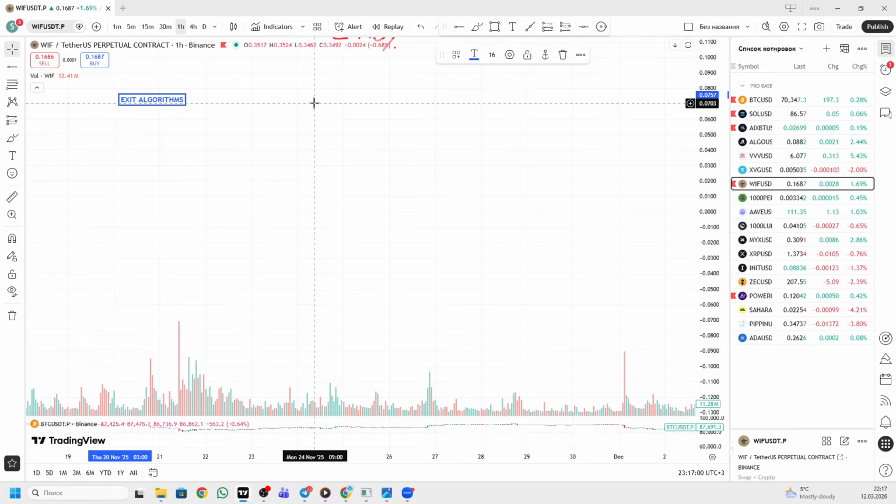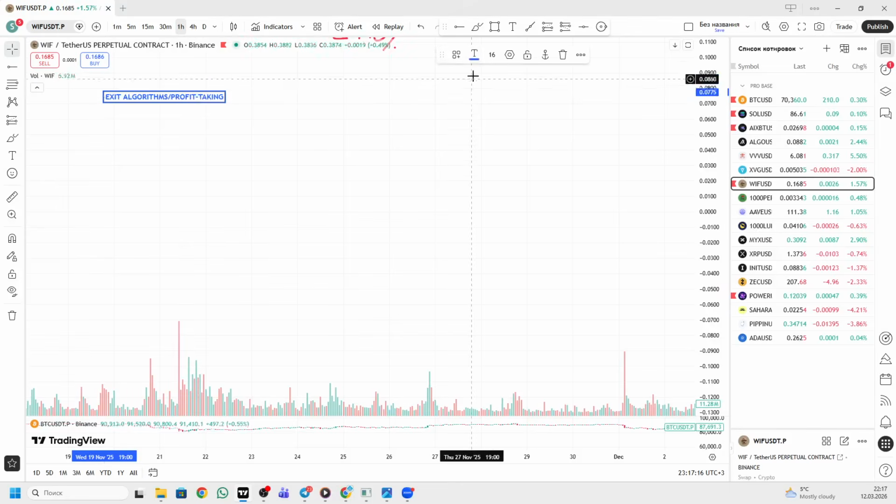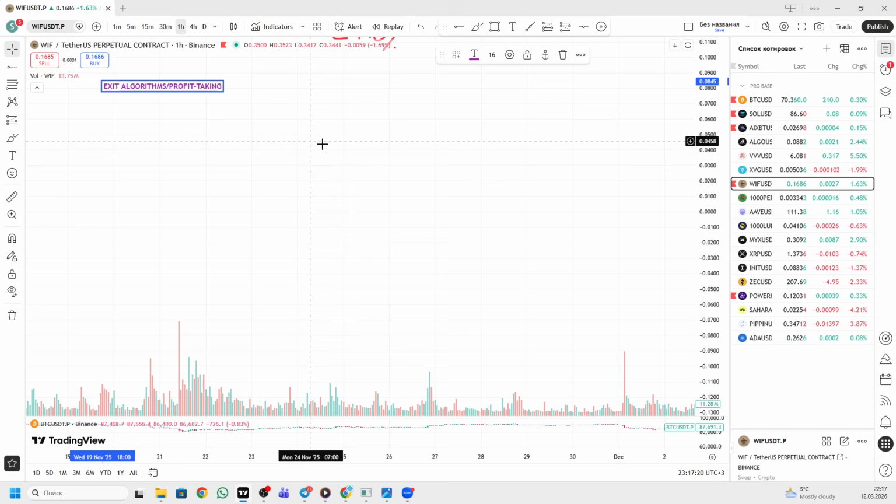Exit algorithms, or we can also call it profit taking. Since we enter in parts, we also have to exit in parts.